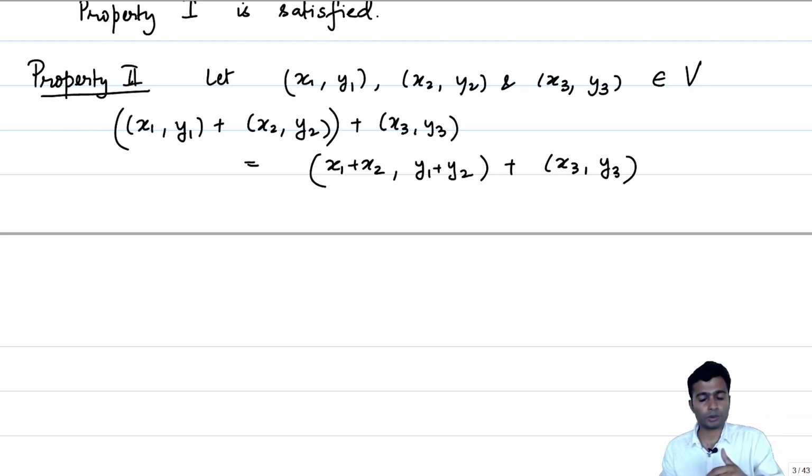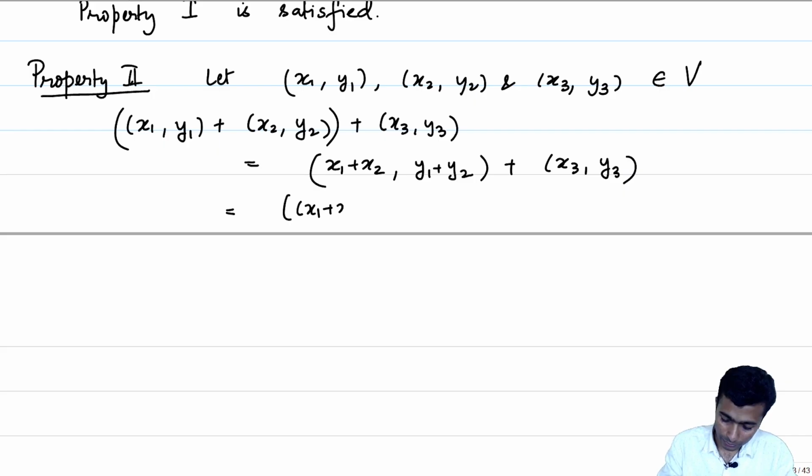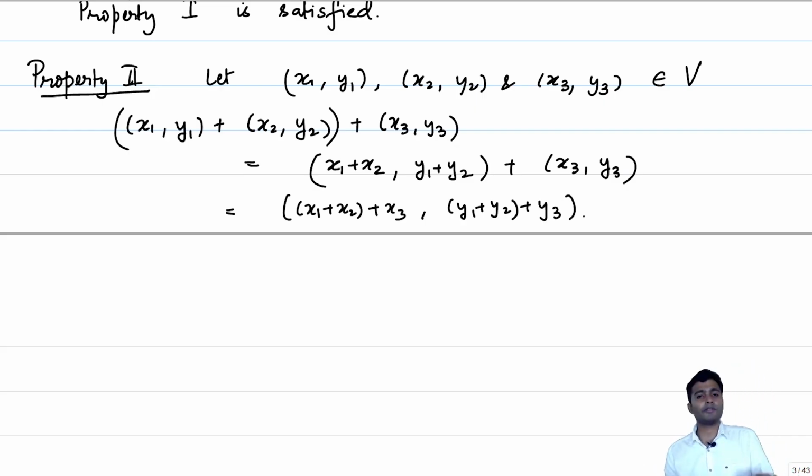We added the first two vectors first, and now this is going to be equal to x1 plus x2 plus x3, y1 plus y2 plus y3. But what do we know about the sum of scalars, sum of real numbers? We know that that is associative addition, right?